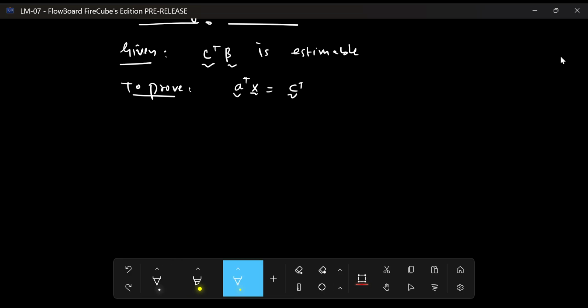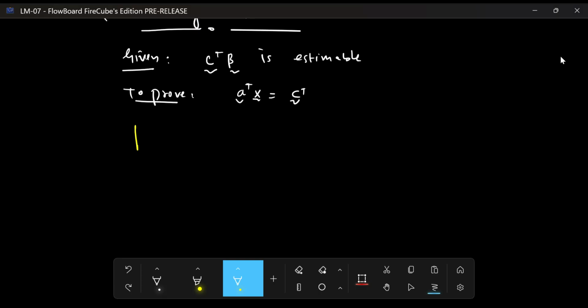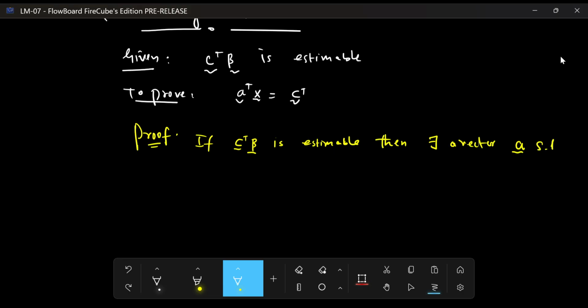Now the proof of this: if C curl transpose beta curl is estimable, then there exists a vector A curl such that expected value of A curl transpose y curl is equal to C curl transpose beta curl. We need to prove this.